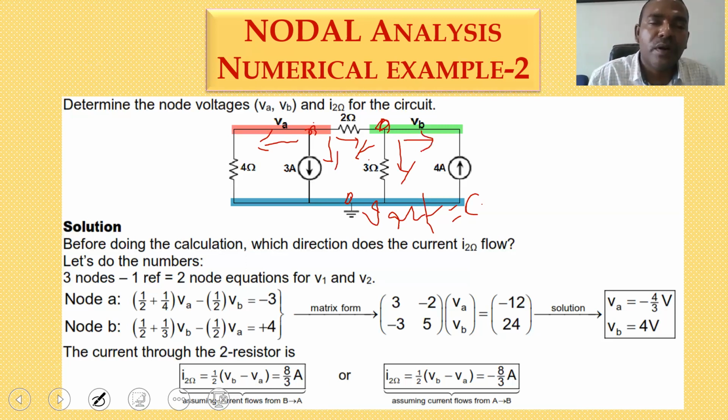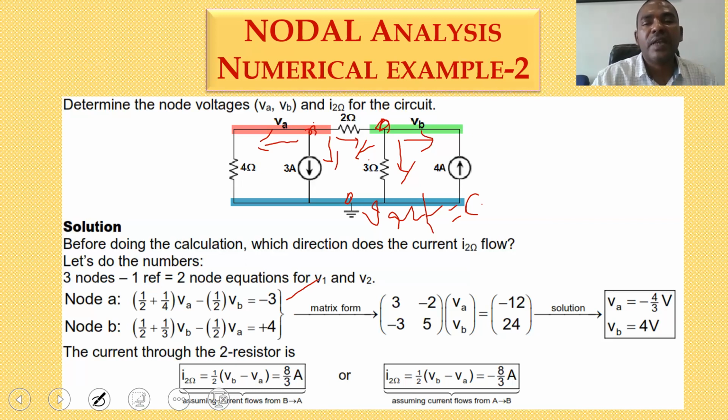For the first node: VA by 4 plus 3 plus (VA minus VB) by 2. After simplifying, you are getting (1 by 2 plus 1 by 4) into VA minus 1 by 2 into VB is equal to minus 3.